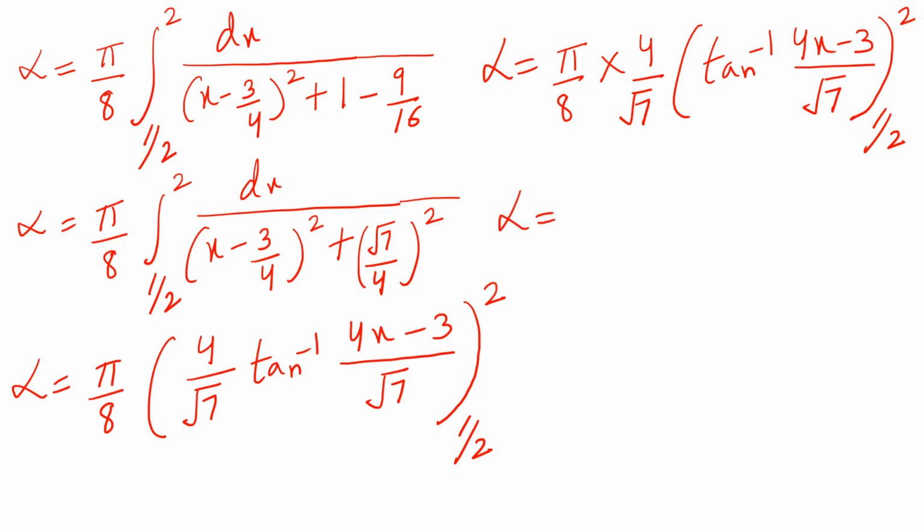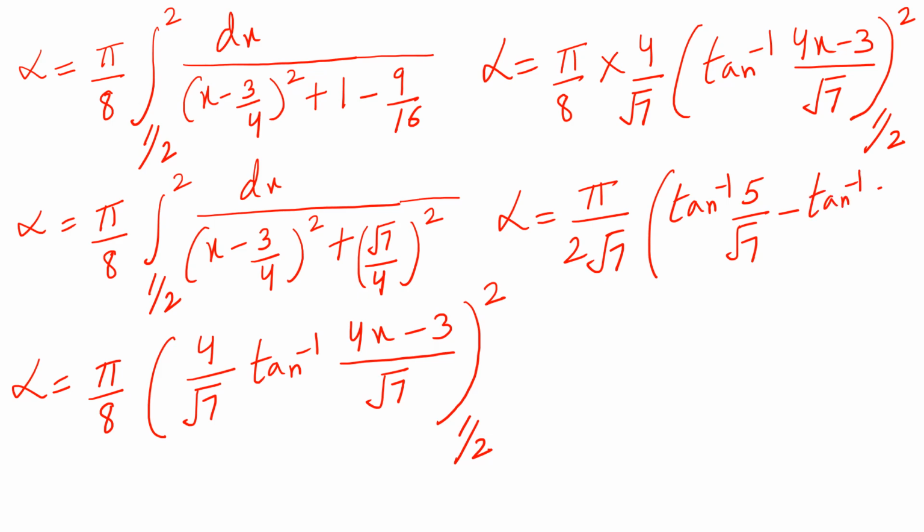Now students, this finally becomes equal to alpha equal to pi upon 2 root 7 into, now when we put x as 2, it becomes tan inverse of 5 upon root 7 minus, now when we put x as 1 upon 2, it becomes tan inverse of minus 1 upon root 7, and the bracket is closed.